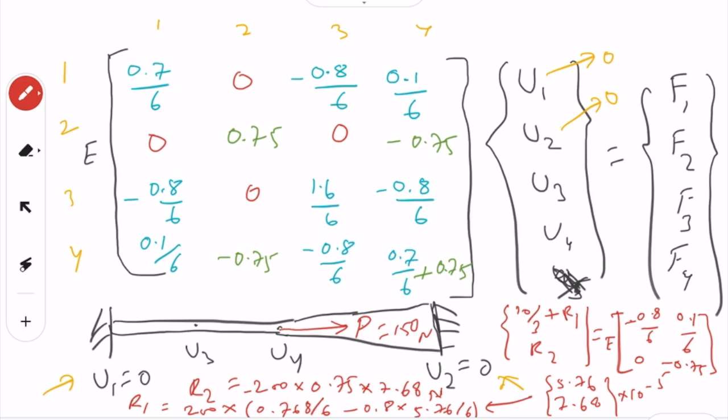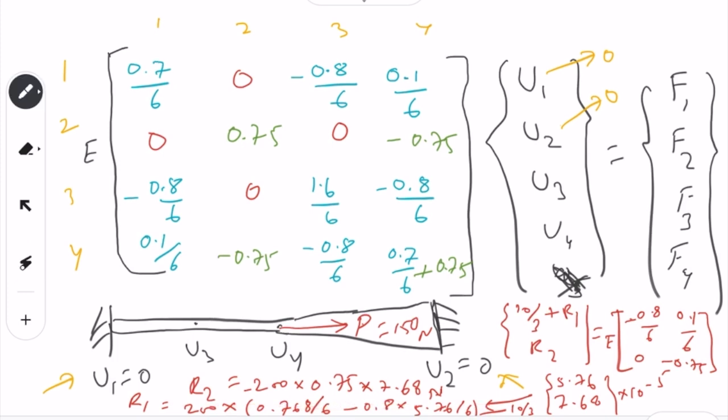E is already multiplied by this one, and minus 10 over 3. So we write here minus 10 over 3. So this will be R2, this will be R1. So you can calculate this value.